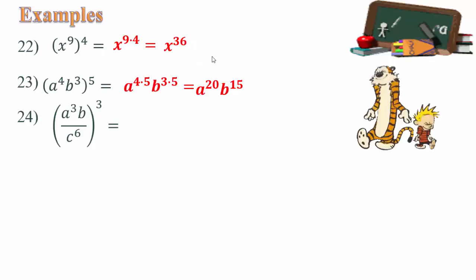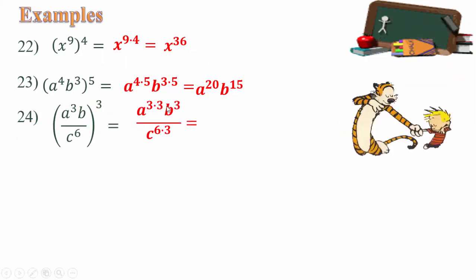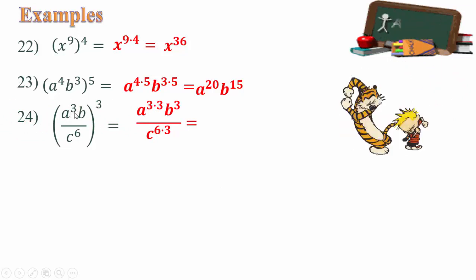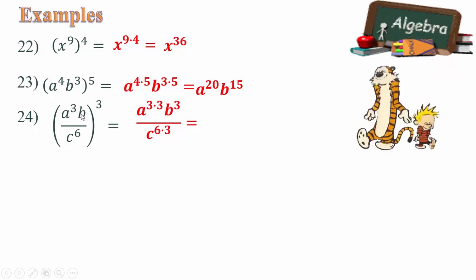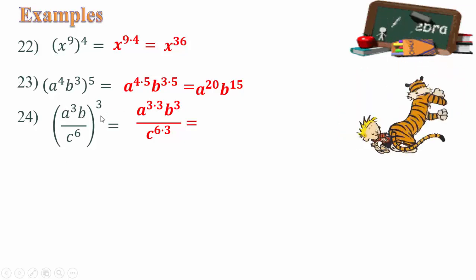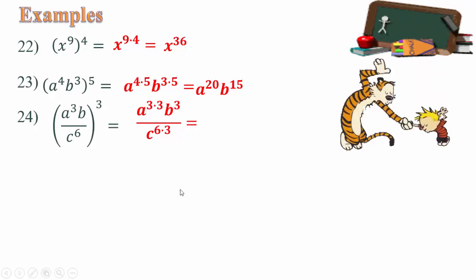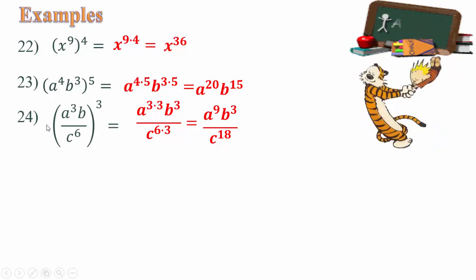In reviewing 24, based on what we did on the whiteboard, I brought this 3 inside the brackets into everything, both the a, b, and the c, because all of those are inside the bracket that is brought to the third power. And then I did what I usually do.